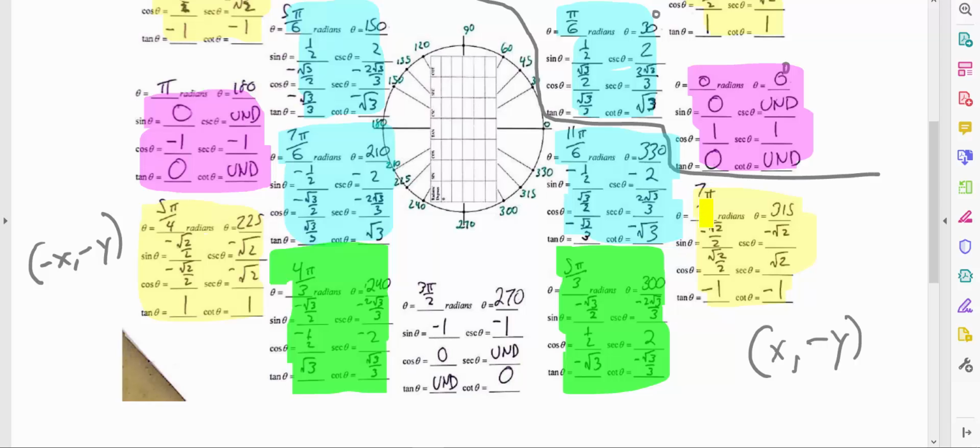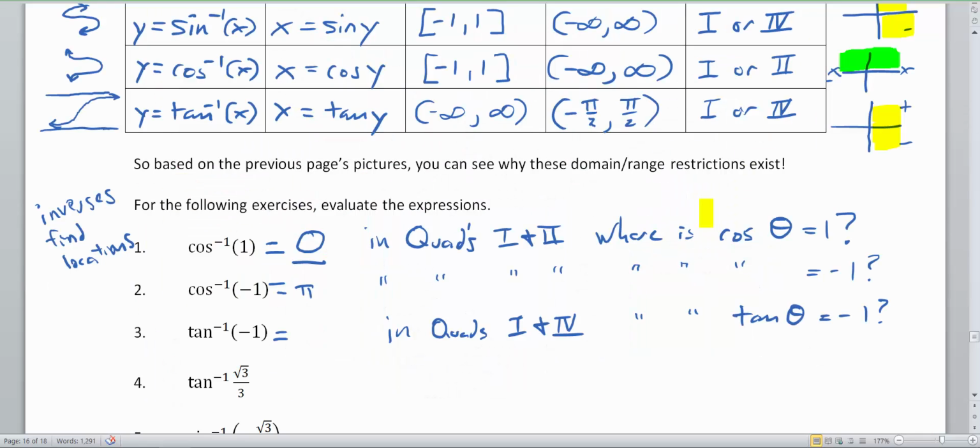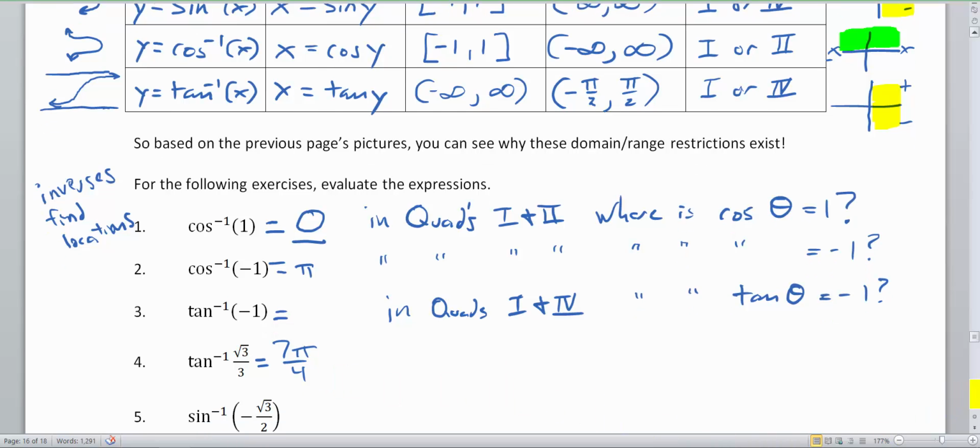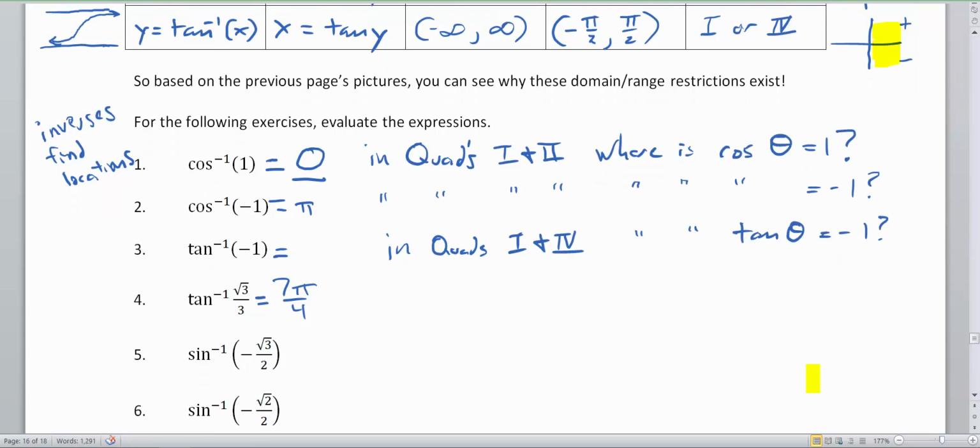Now, what's important about you trying to write down the answer, because I bet there's going to be a few of you that say, hey, Mr. Anderson, what I did is I wrote down in my homework 7 pi over 4, and I kept getting the problem wrong. Like I looked in the back of the book, it didn't match, or more importantly, I tried in my online homework and it kept saying no. Well, the reason why this is the wrong answer is it violates the range.